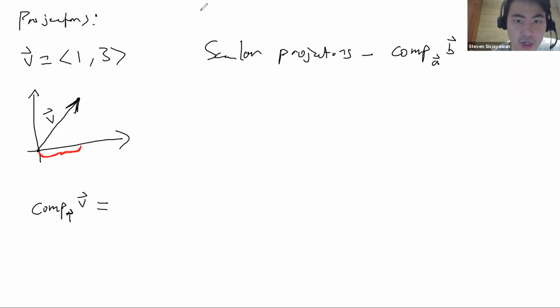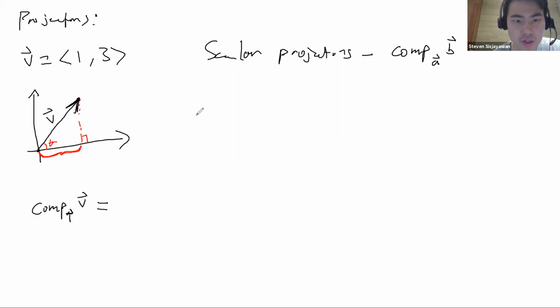From this projection, let me draw a right triangle, and let's label that angle theta. You have probably seen this if you have taken physics before. To find the x component, we just take the cosine.